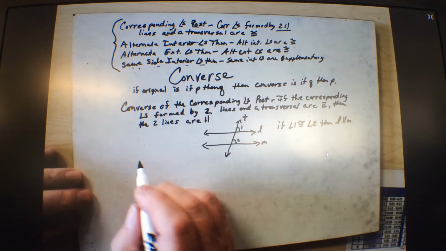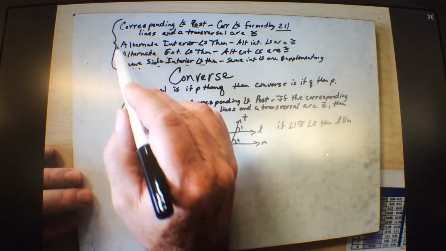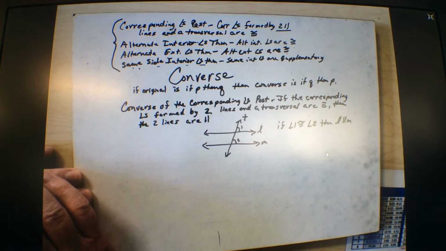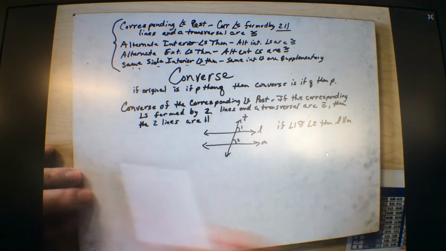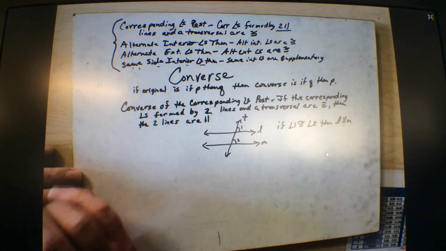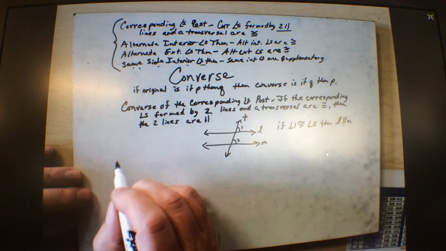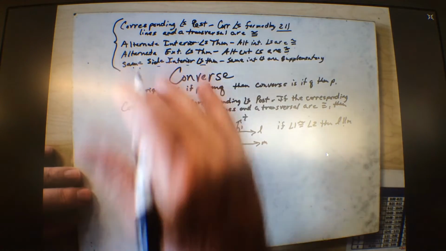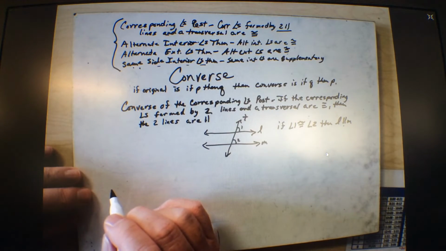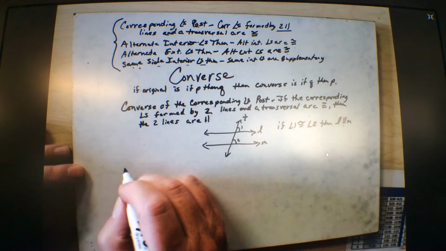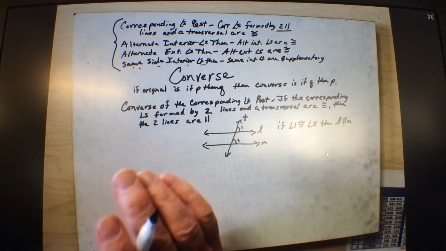All right. Well, we have a converse of all of these. Then L is parallel to M. We have the converse of all of these. Okay. Let me see if I can write this out in a short way.